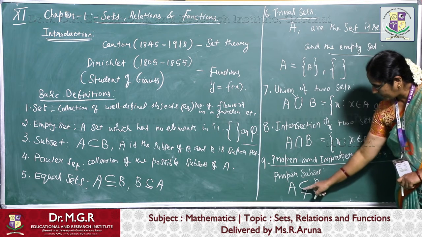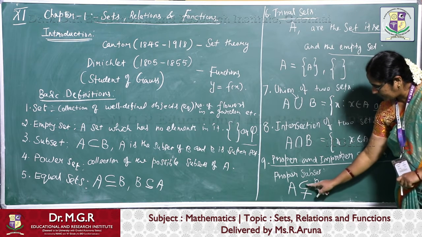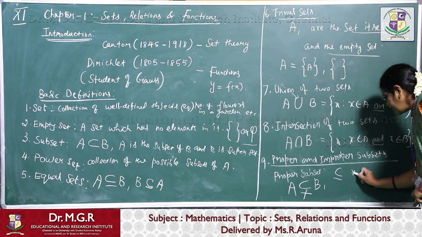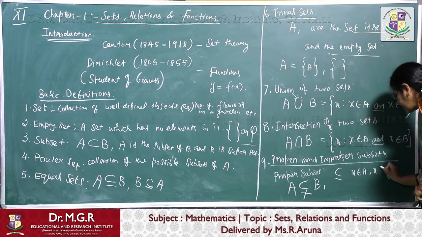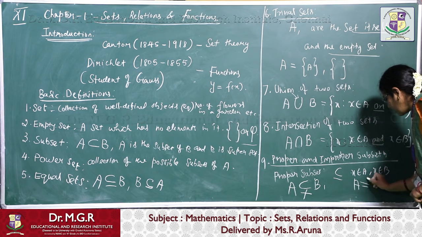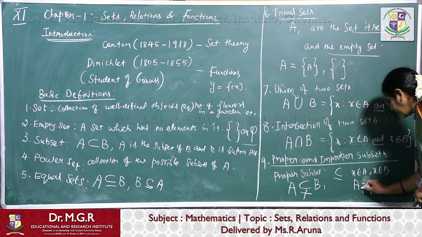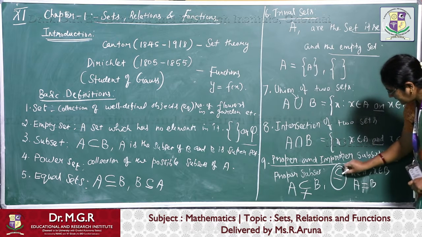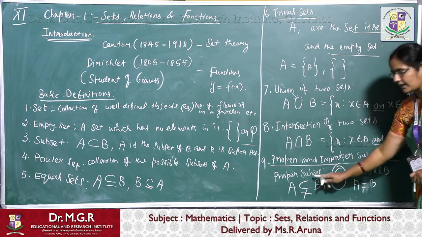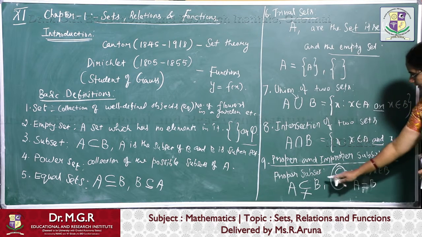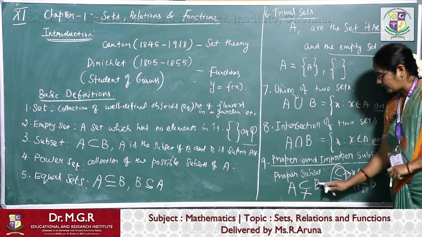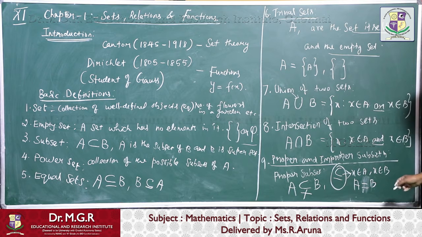What is the meaning of this subset symbol? It means x belongs to A, x belongs to B, but A is not equal to B. That is what this notation refers to. For a proper subset, we remove the equality of two sets. Both the sets need not be equal.